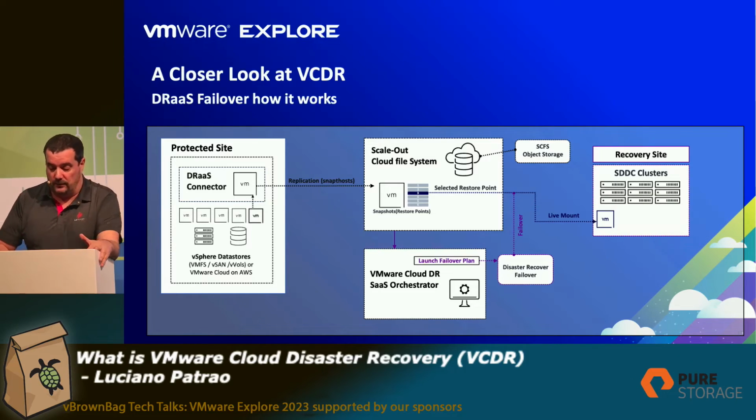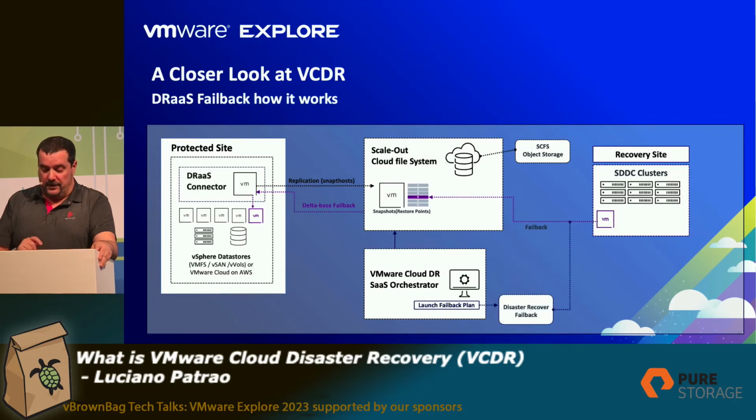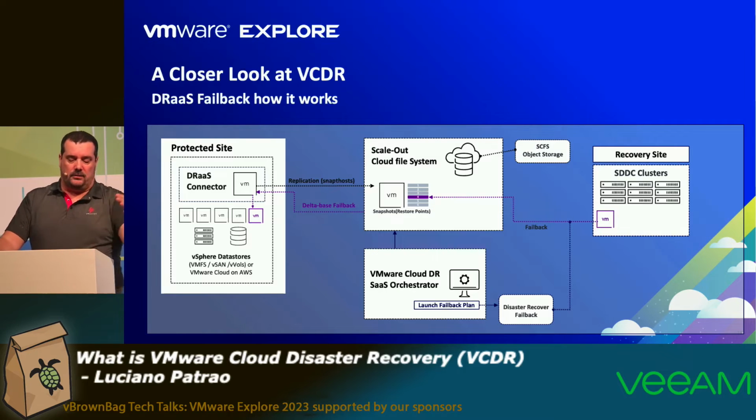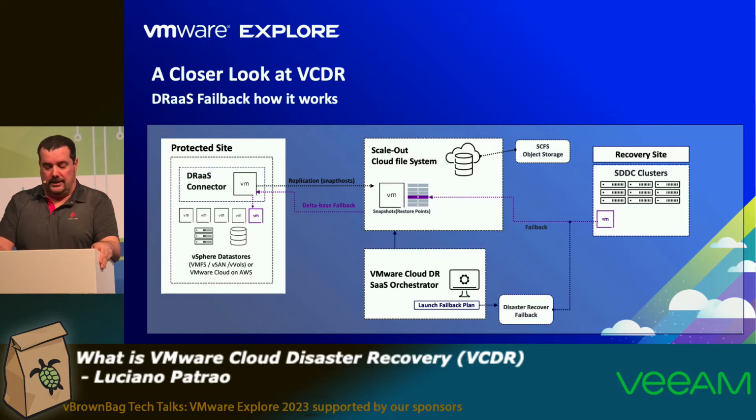So you should always test it, and also if you have a real disaster, you need to use it. Failback is when you have tested everything and everything is okay, and then you need to send everything back to your on-prem because you need to restore everything. That's called failback. The orchestrator is also the component that will handle this, because you need to have both failback and failover.